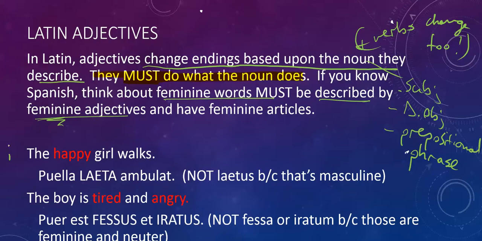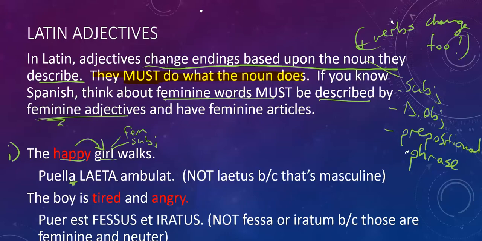So, back to our examples. 1. The happy girl walks. Happy is describing girl. So, happy has to do whatever girl is doing. Girl is feminine. Girl is also the subject.